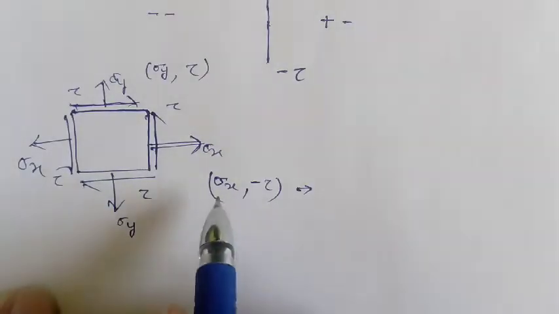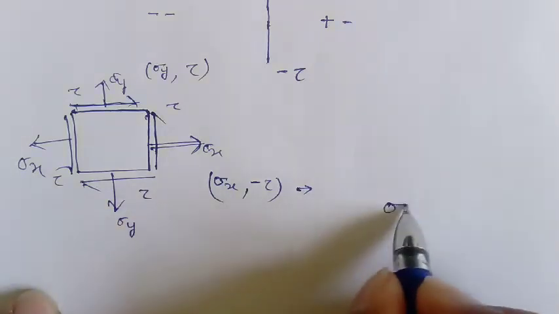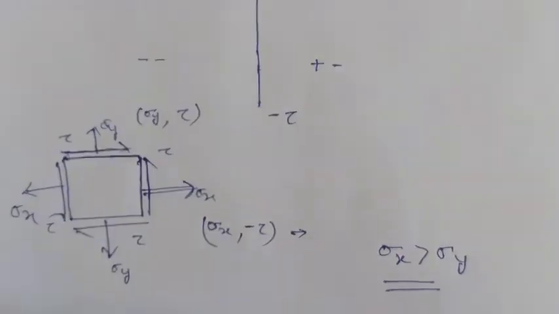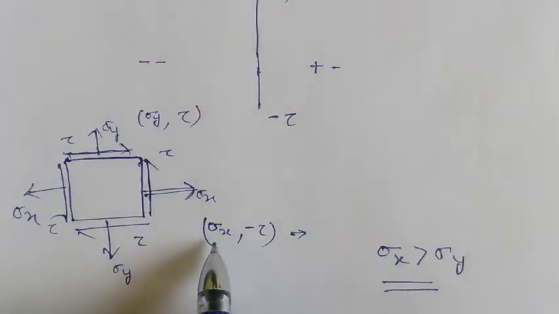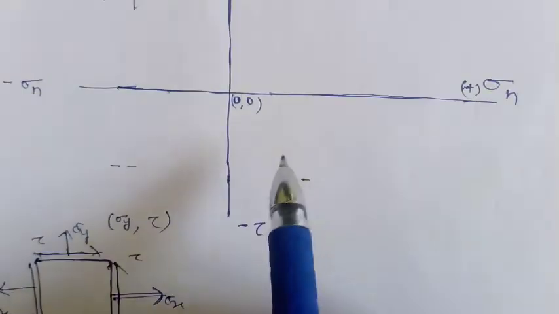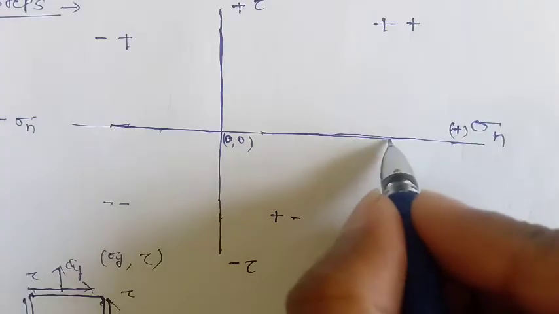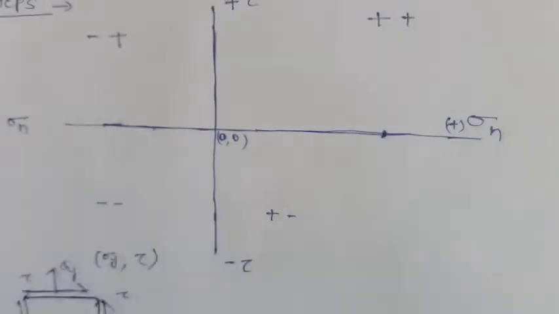So this x plane, you see sigma x, and we always assume sigma x is greater than sigma y, so sigma x is positive. So this is the positive coordinate system. On this side, let's take this sigma x.